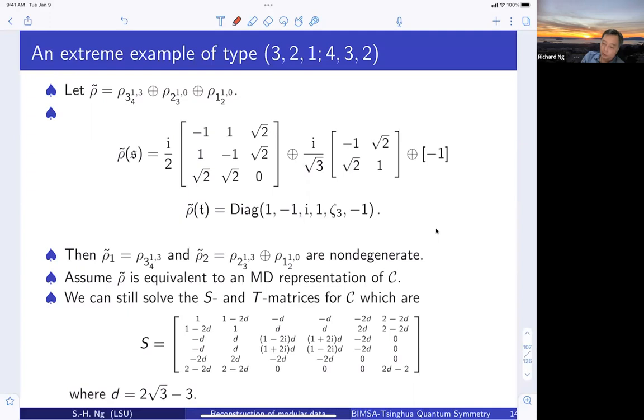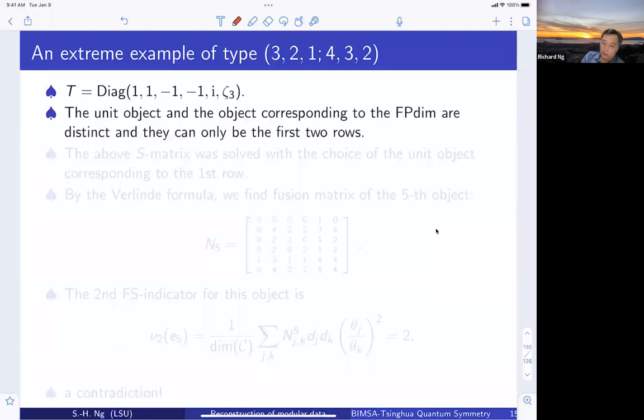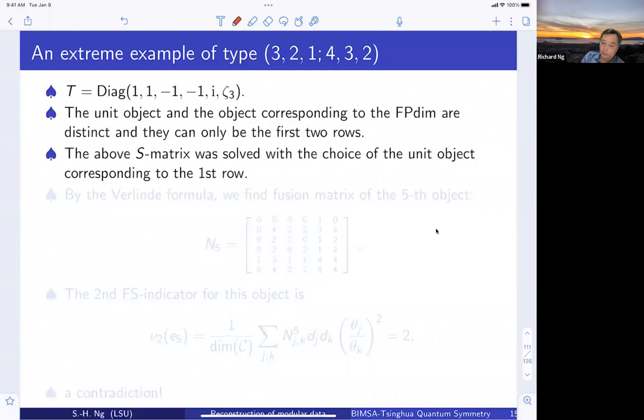So then we go further, which is using the Verlinde formula to write down the corresponding fusion rule of the modular category. Well, maybe I just show you how it works.